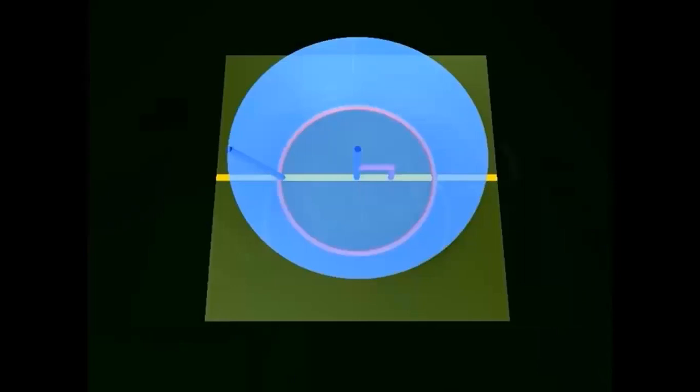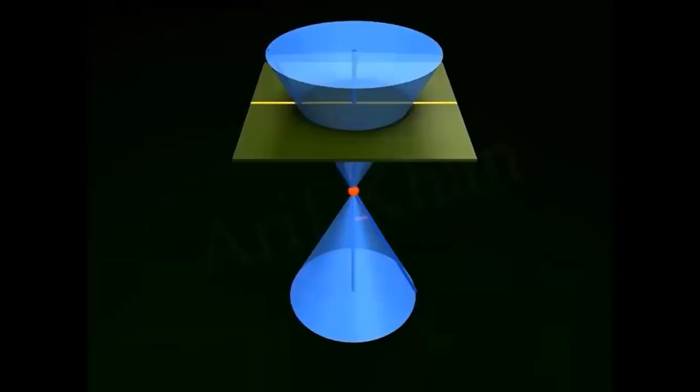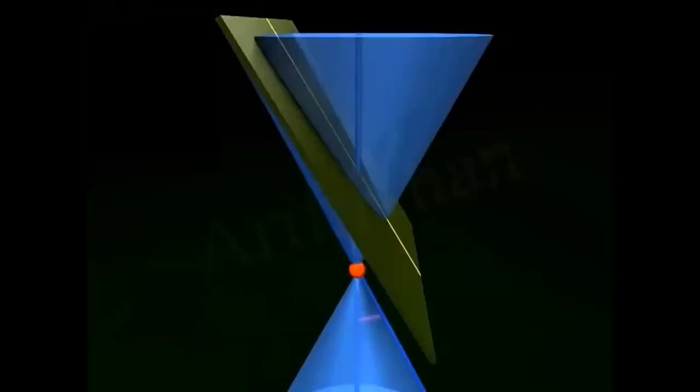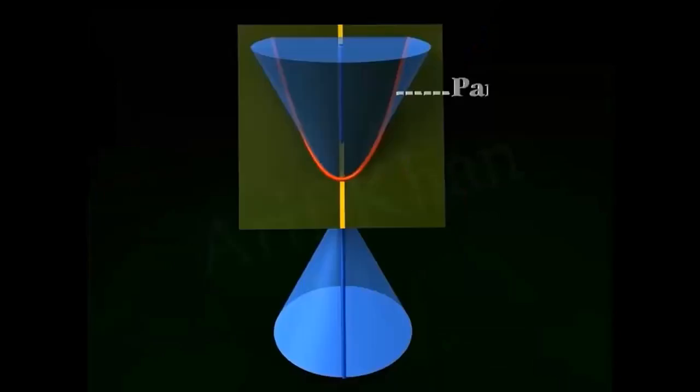Thus, a circle is a special type of ellipse. Parabola. When the angle made by the plane to the vertical axis is exactly equal to the vertex angle, we get an open curve called a parabola at the intersecting surface of the cone. Hyperbola.